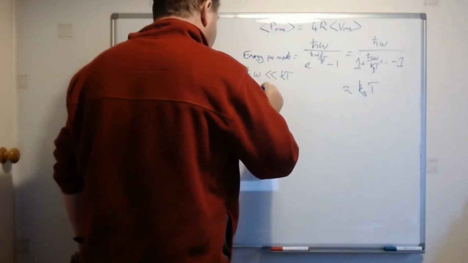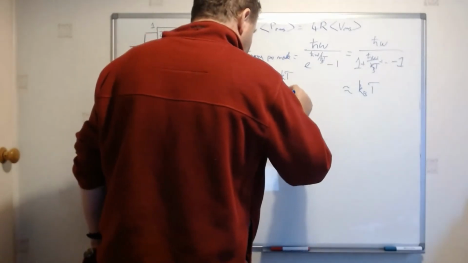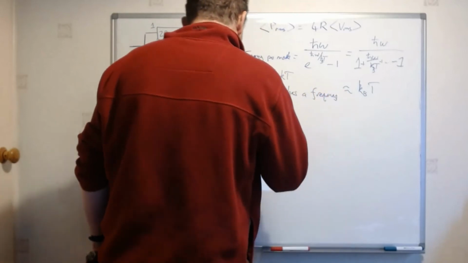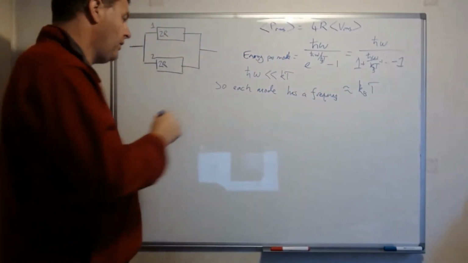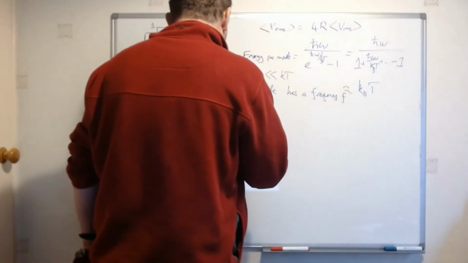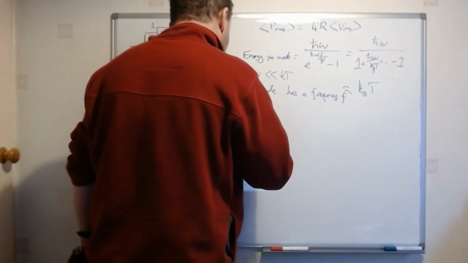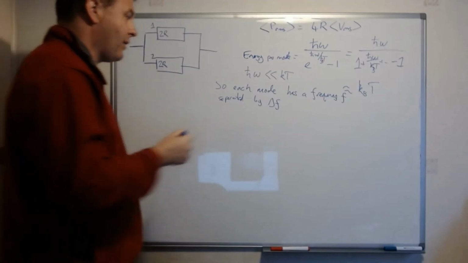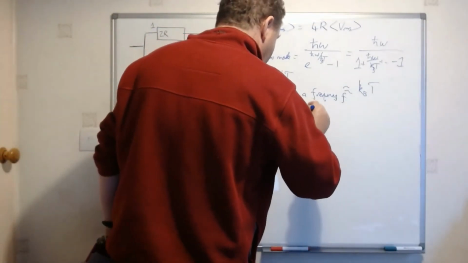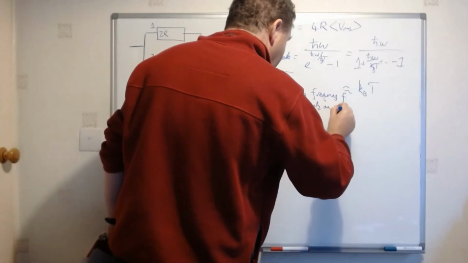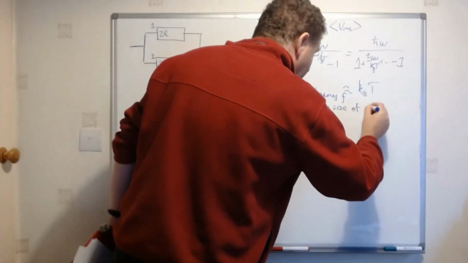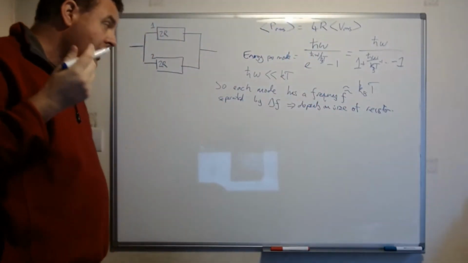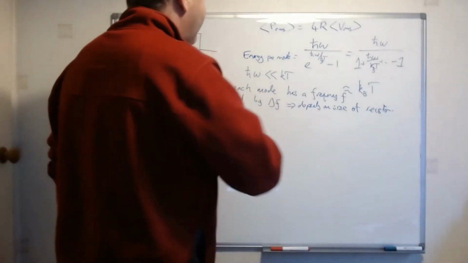So each mode has a frequency f, and it's separated by delta f, and delta f depends on the size of the resistor or the cavity.